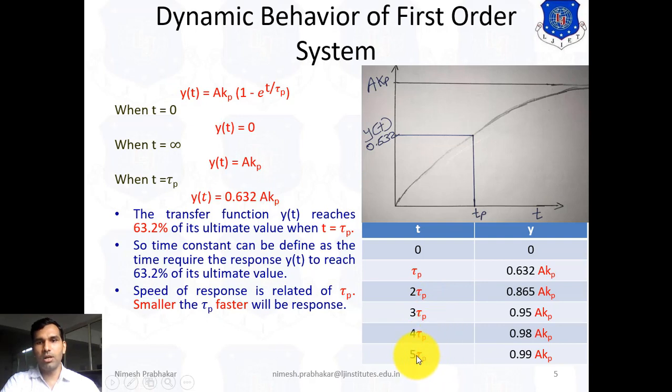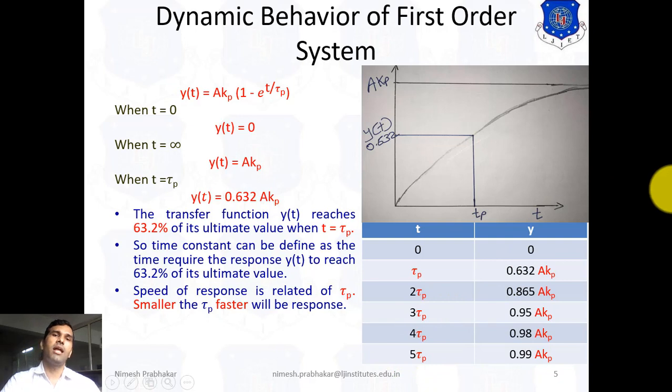When we put the value 5 tau p, at that time we reach almost 0.99. That means we can reach the final value. So by using this table we can say that to reach the final value, or the ultimate value of the response, we have to wait for 5 tau p.